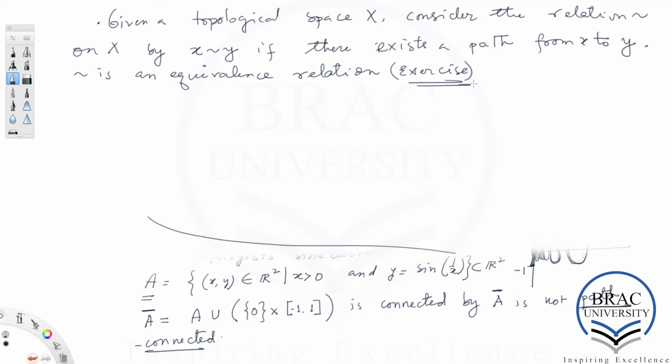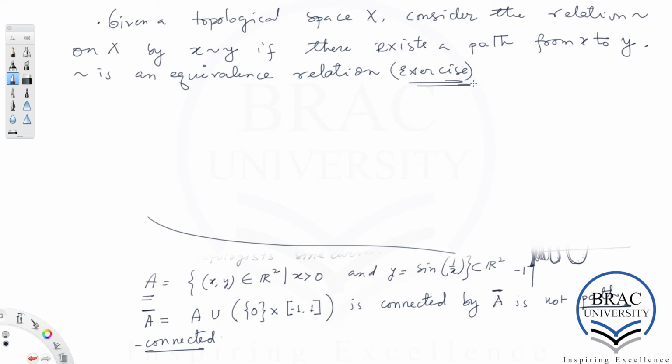Okay, so you are given the topological space X and declare a relation on this topological space X by saying that X is equivalent to Y if there is a path from X to Y in X. Okay, and now the equivalence classes under this equivalence relation, first of all you can show that it's an equivalence relation.